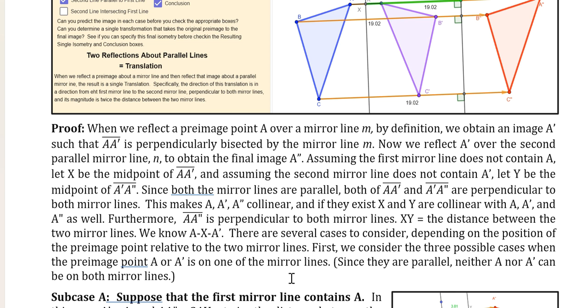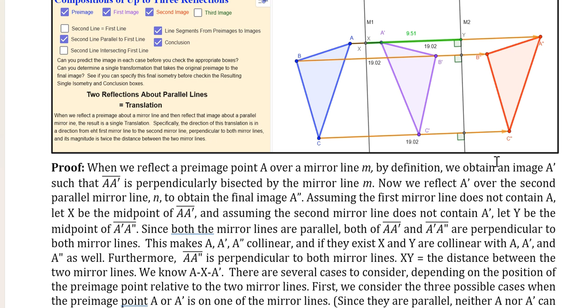Here's the proof. When we reflect a pre-image point A over the mirror line, by definition, we obtain an image A prime, such that this line segment from A to A prime is perpendicular here, and it's actually perpendicularly bisected by that mirror line.